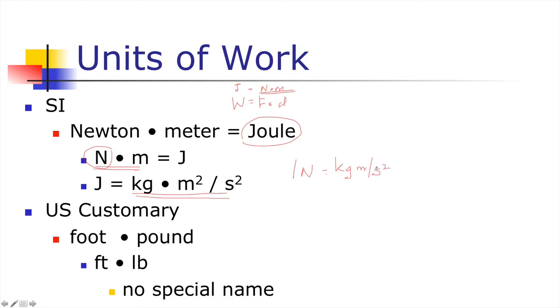So if you substitute this in place of Newton, then you have another meter times meter, which makes it meter square. In the US customary system, you can measure work done as foot-pound.